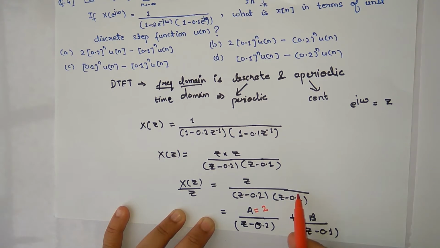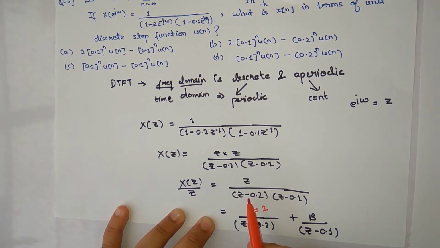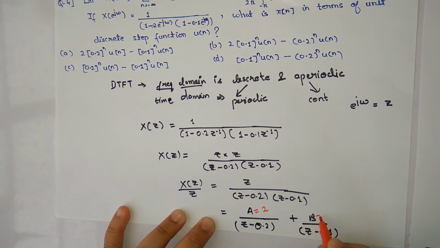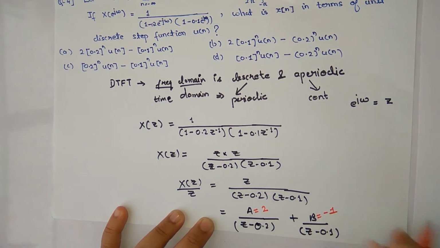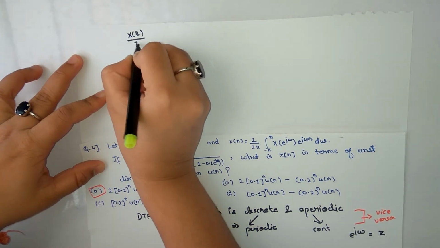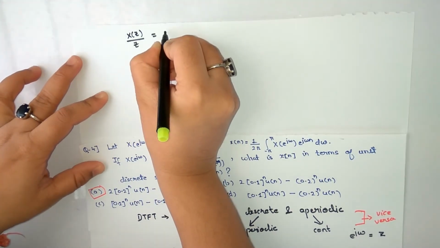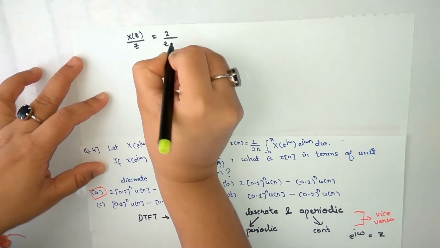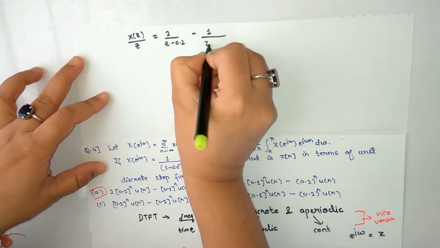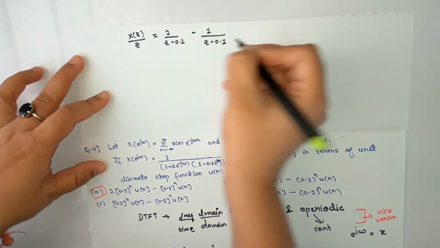We don't need to consider this, otherwise this complete term will become infinity. Simple partial fraction coefficient solution. So 0.1 upon 0.1 minus 0.2, that will become B equal to minus 1. So X(z) by z equals 2 upon (z minus 0.2) minus 1 upon (z minus 0.1).